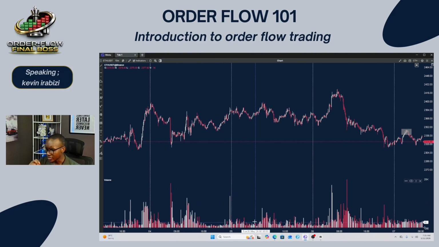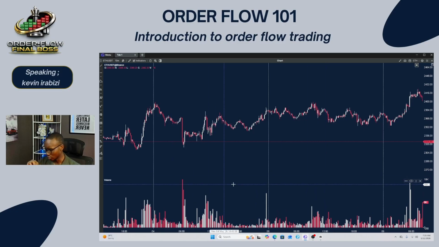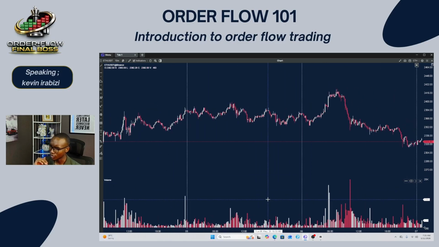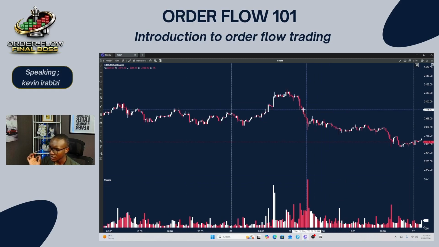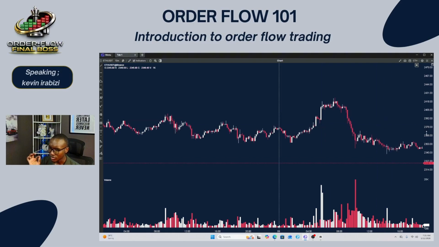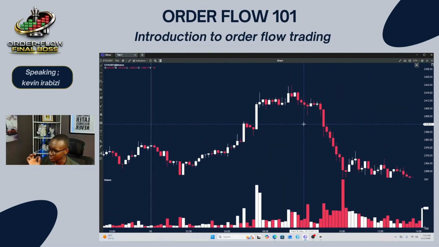So you're always going to come and check, where do I have my huge volume spikes, like this area right here. When you have a huge volume spike, you see volume of 17k, you want to see which candle that is, this very huge candle. Then we start to look at this candle as it's going up.